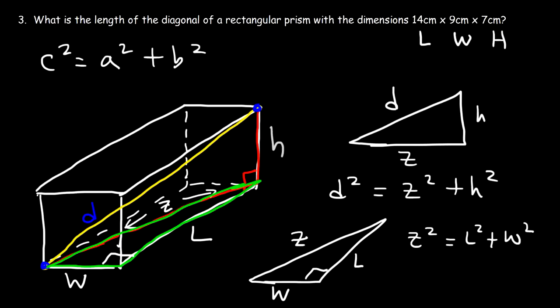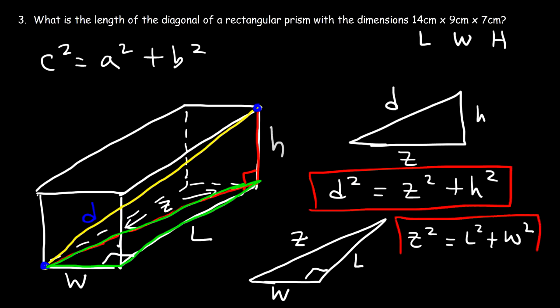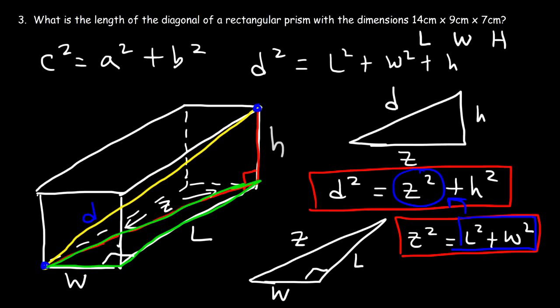Now, if we combine these two equations, if we replace Z squared with what it's equal to, L squared plus W squared, we're going to have this equation, which is what we want. D squared is equal to L squared plus W squared plus H squared.